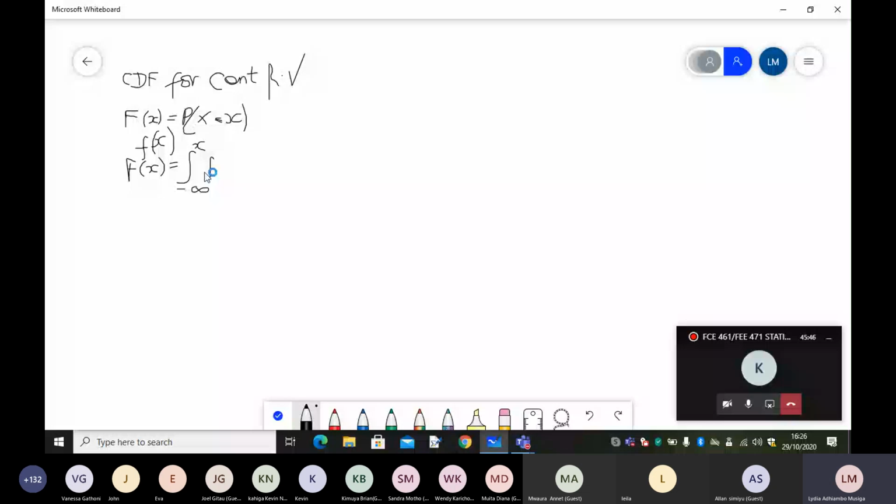Again, we're just introducing t for the sake of integration. So for the discrete case, we sum. For the continuous case, we integrate. But remember that we are integrating up to the value small x.